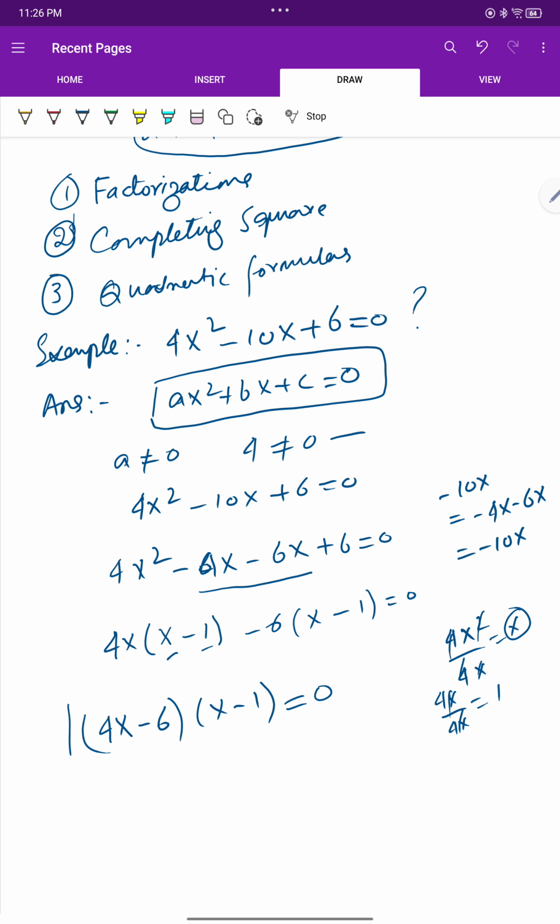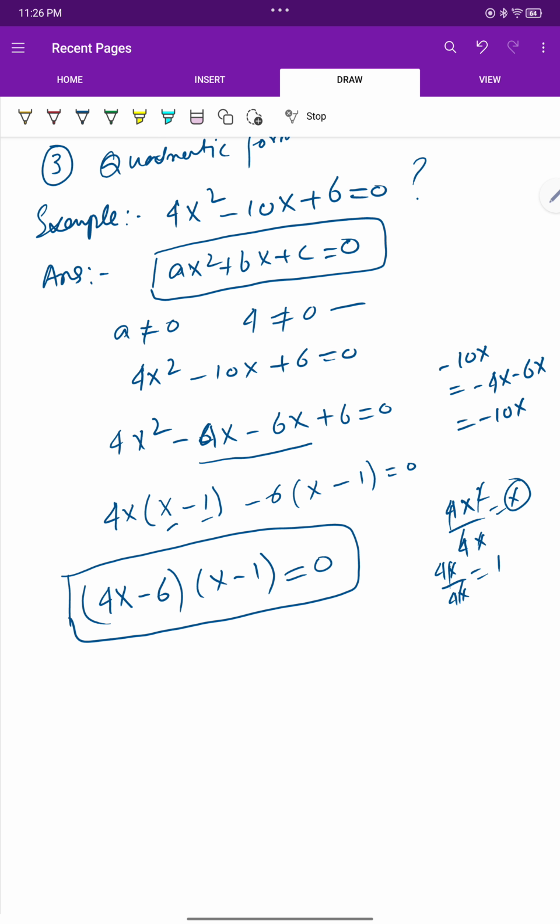So this is the solution of this quadratic equation. You can find it. If you want to check the solution, we're going to do it separately because the time will increase.